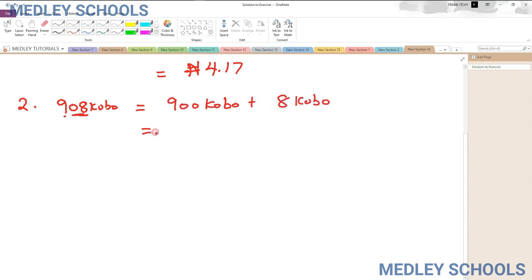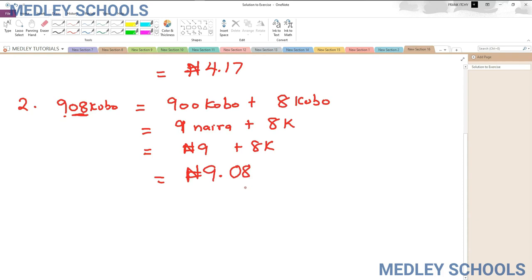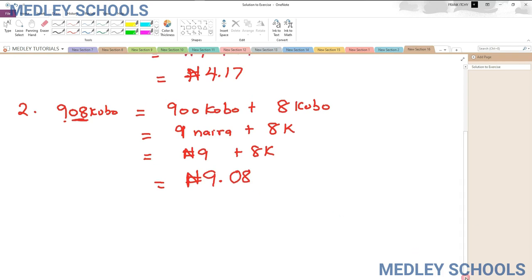Now 900 kobo is 9 naira plus 8 kobo. Then we now write it as 9 naira. This 8 is 1 digit, but the kobo has to be in 2 digits. So we write it as 08. So this is 9 naira 8 kobo.